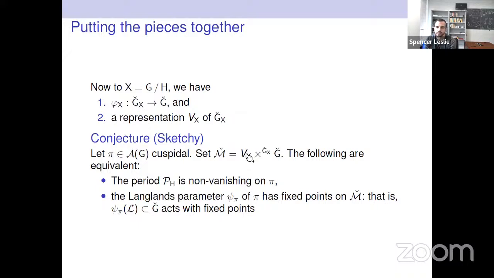But in particular, the way that they come out in my work, there's an induced action of the Galois group on this variety V check, which is actually compatible in the non-split setting with Galois actions that occur on these dual groups.